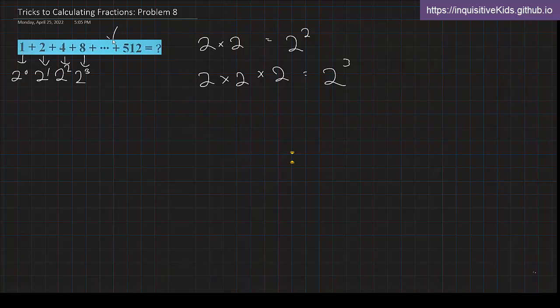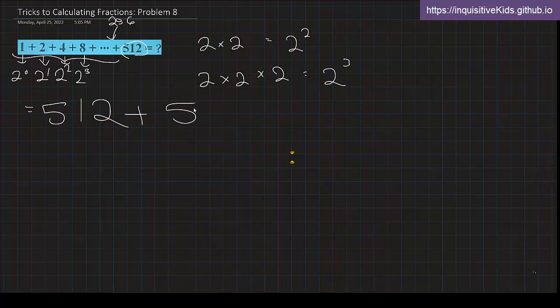What would be the number before 512? Divide by 2 and you get 256. So 1 plus 256 and all the numbers in between equals 512, and there's a pattern to that. So all of these numbers add up to 512. And then we still have to add the last number, which is also 512.